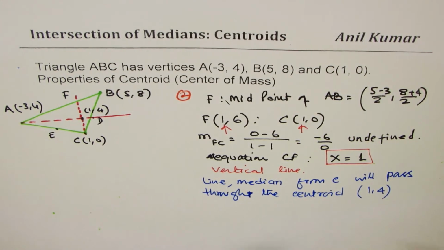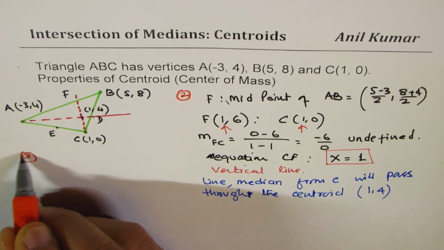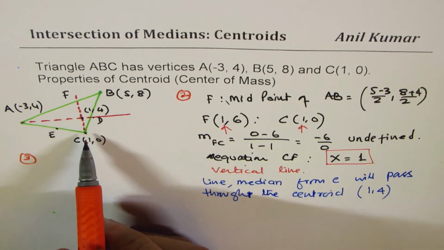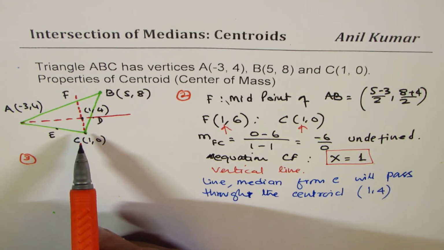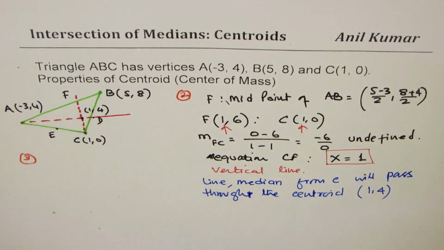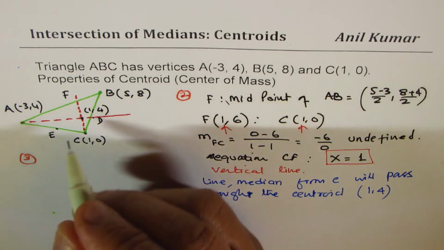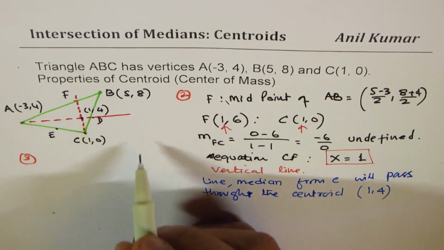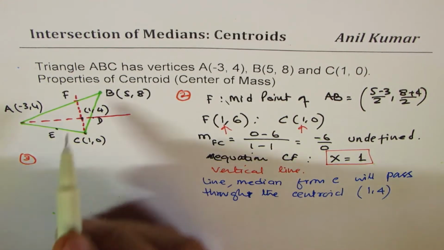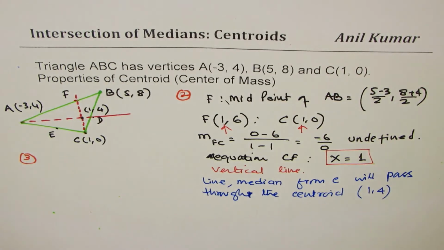Is it okay? Now part 3 of the question is to verify that the point is 2/3 of the distance along the median. Now, if you see this line CF, let me draw it here once again. Point F is (1, 6).